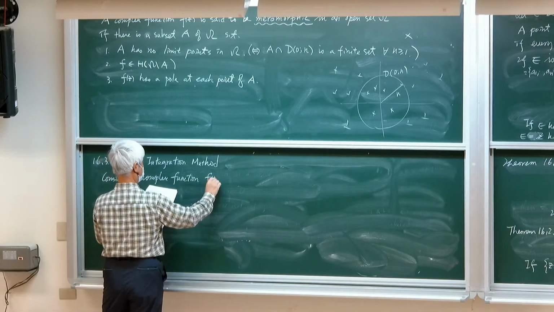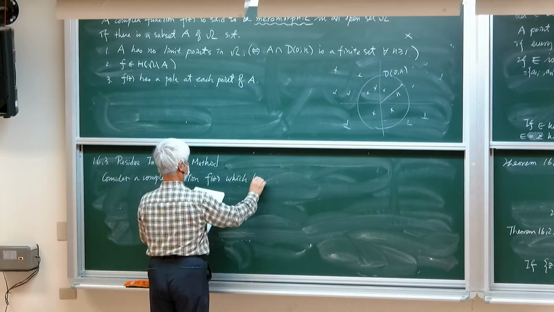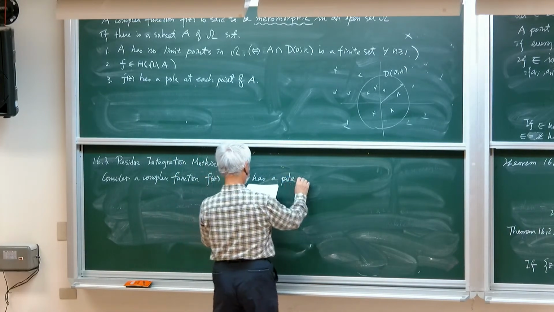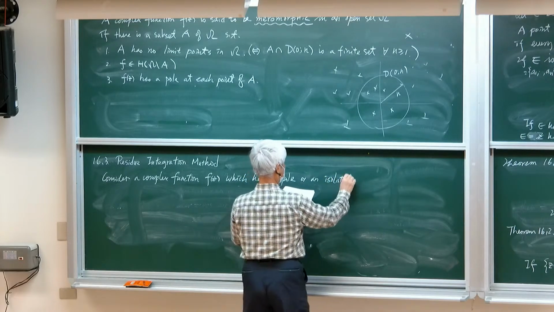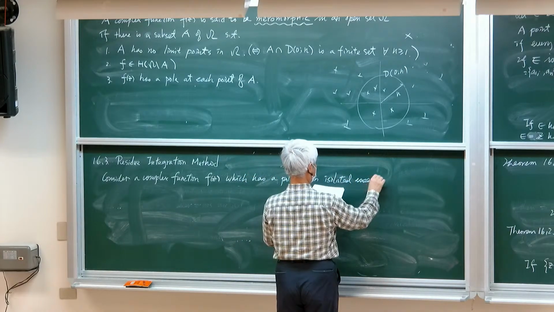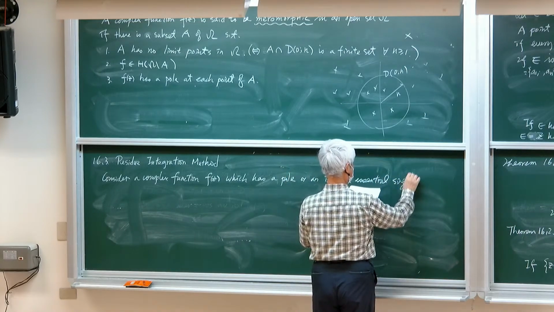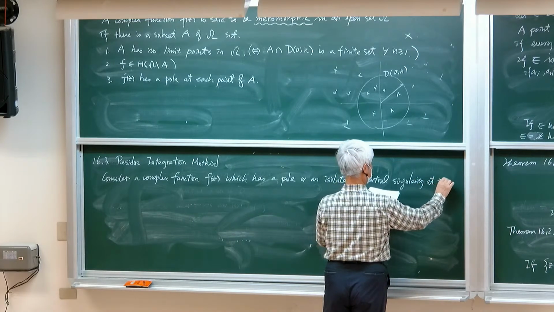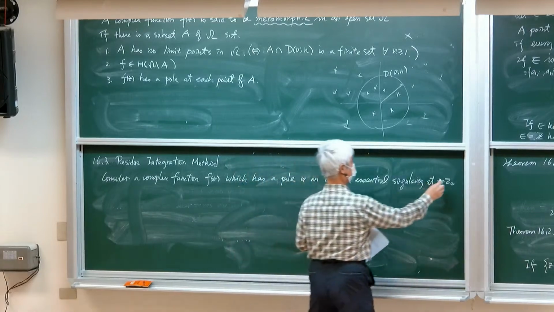Consider a complex function f of z which has a pole or an isolated essential singularity at z equals z0.